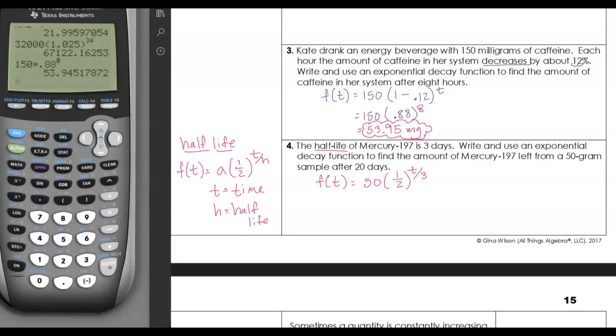Okay. Well, all right. So tell me this. 20 days, is that a total amount or is that a time? It's a time. So what you do is you take the 20 and you substitute it in for time.